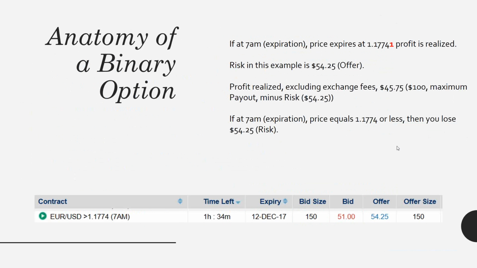Now, if you were to purchase this binary contract on the euro dollar greater than 1.1774 by 7 a.m., and price expires at 1.1774.1, then your profit is realized. The risk in this example would be $54.25.